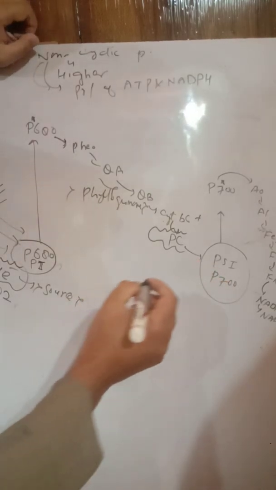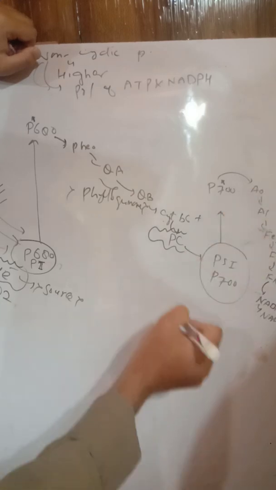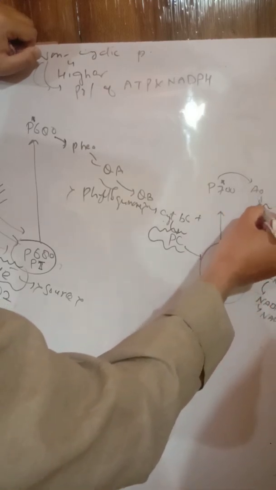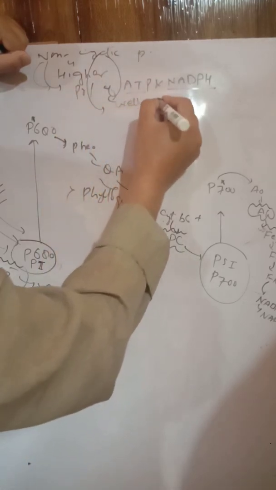Then P700 gets excited and transports the electron to A0, from A0 to A1, from A1 to the iron sulfur complex. Ultimately there is production of NADPH. So in this type of electron transport there occurs production of both ATP and NADPH, and it is the most well studied mechanism of electron transfer in higher plants.